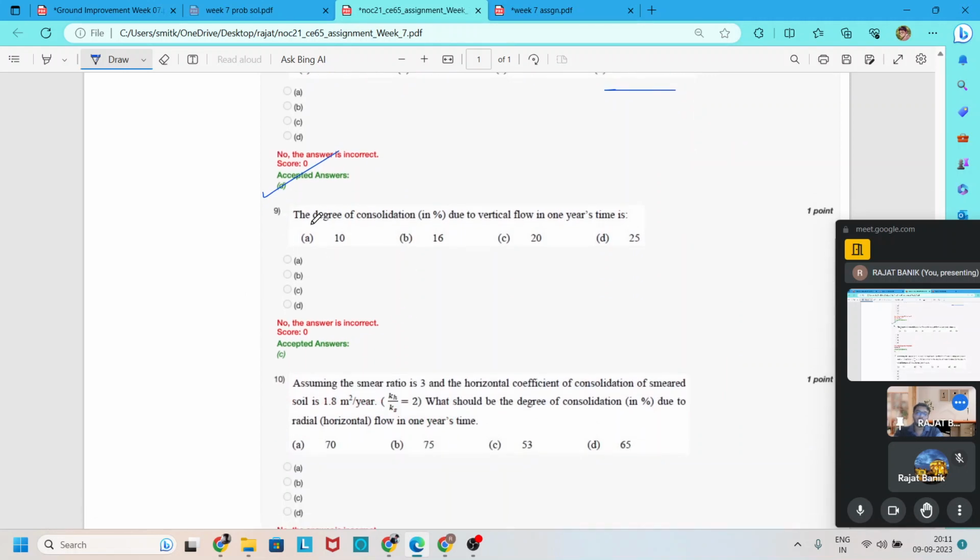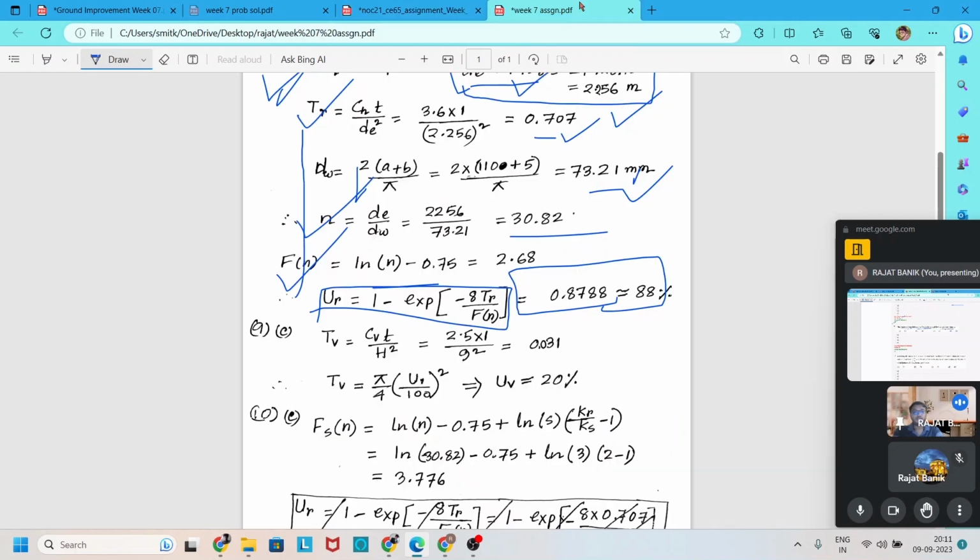Now in question 9, it is said to find out the degree of consolidation for the vertical flow, and for that we need to find the time factor for the vertical flow, which is Cv into T divided by h square. H here is 9 because only in the vertical direction the drainage is happening, one direction only.